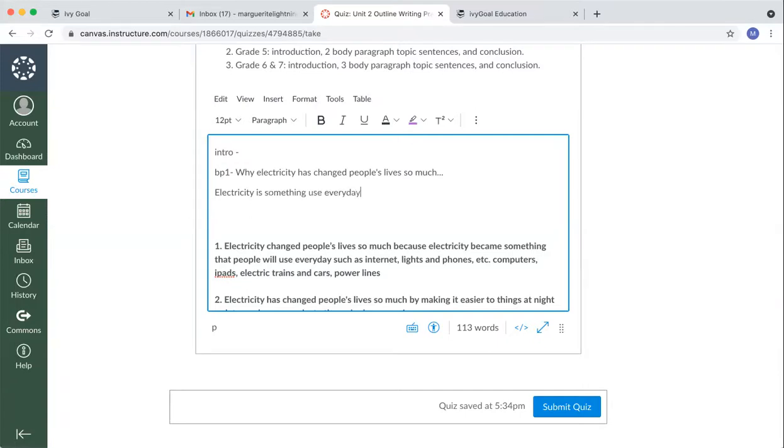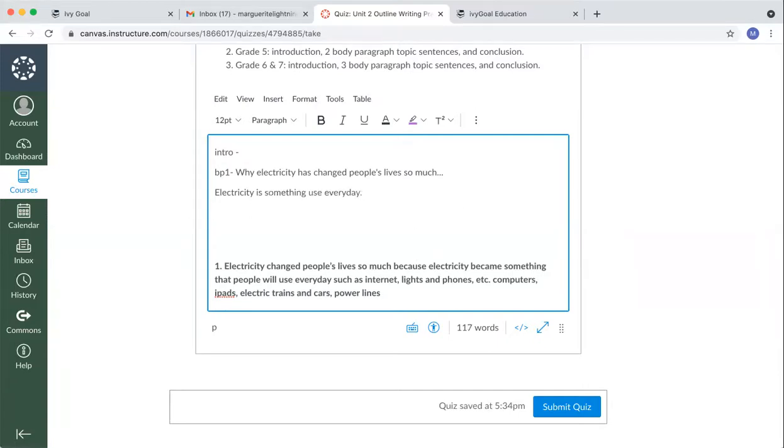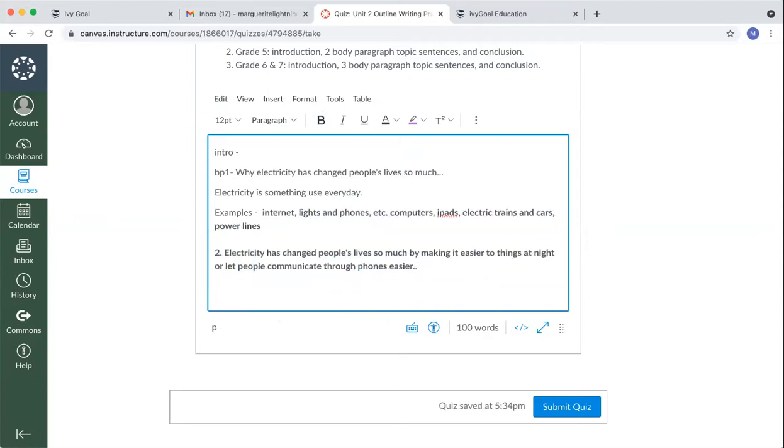Good. Okay, great, very good. And we're going to keep all these examples, right? So examples would be all these things: internet, light, phones, etc. Right? Good, very good.